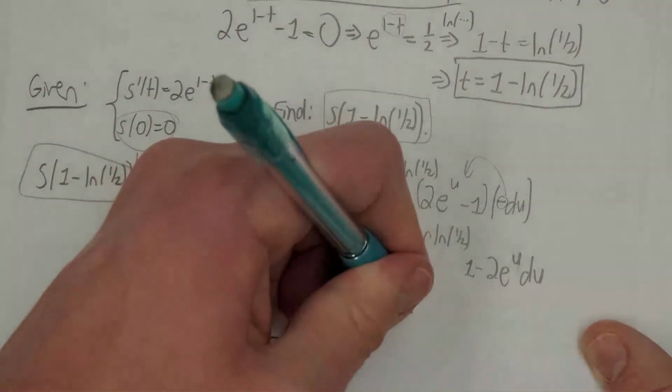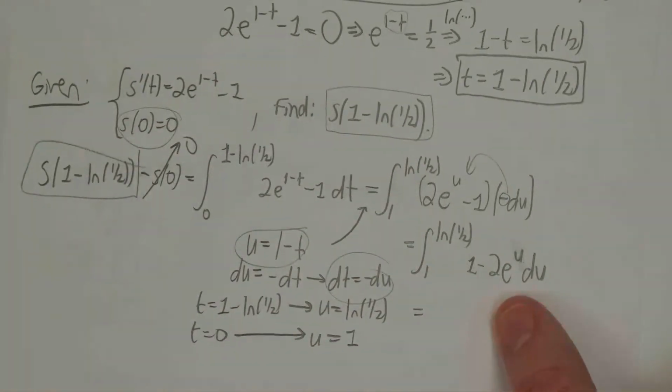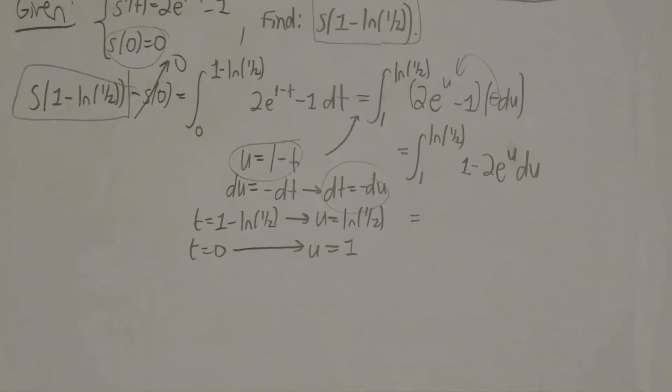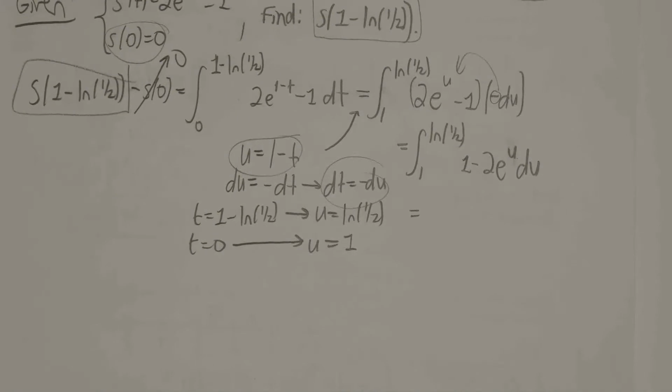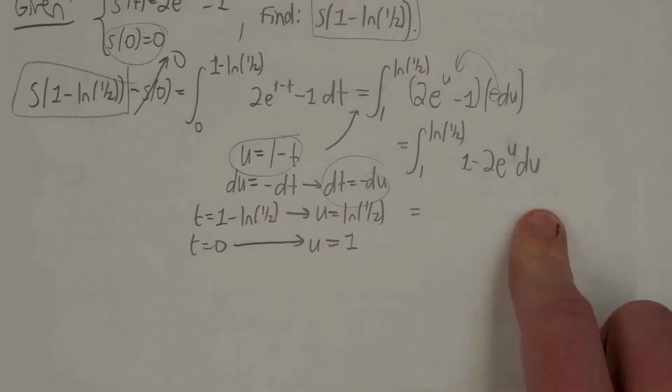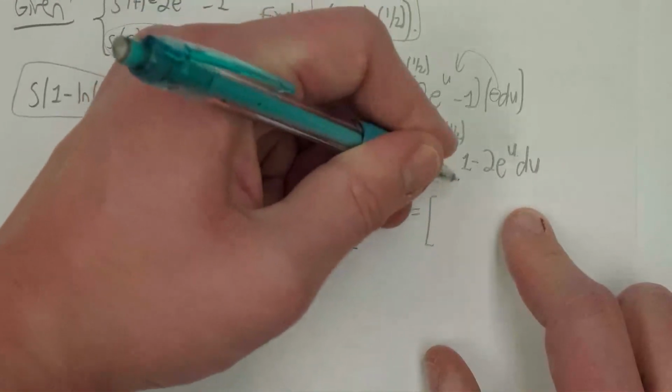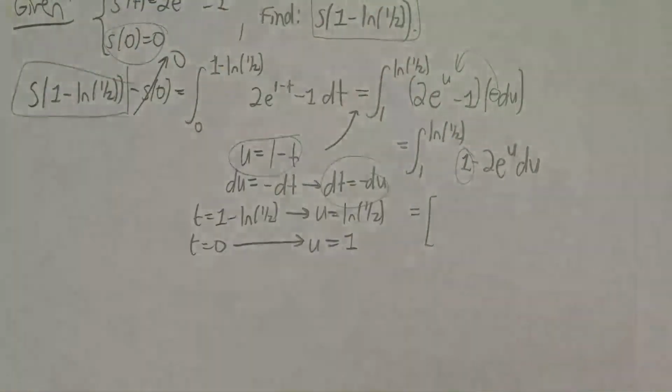So, if you then take the antiderivative of this with respect to u, what should we get as our answer here? First off, what would be the antiderivative of 1 with respect to u?